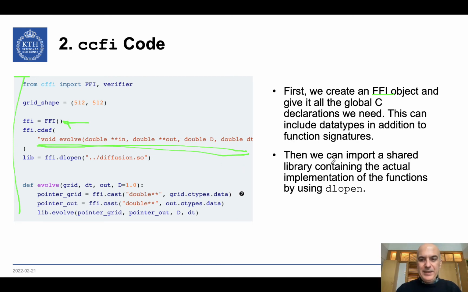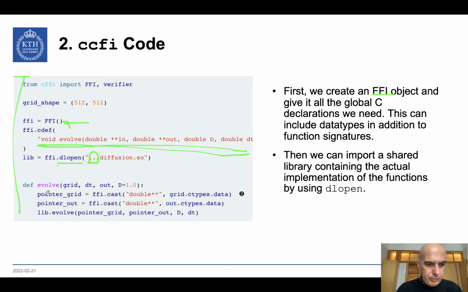Finally, we can import the shared library containing the actual implementation of the function by using ffi.dlopen. Remember, here we also need to say where our library is. In this case, it is two directories above.